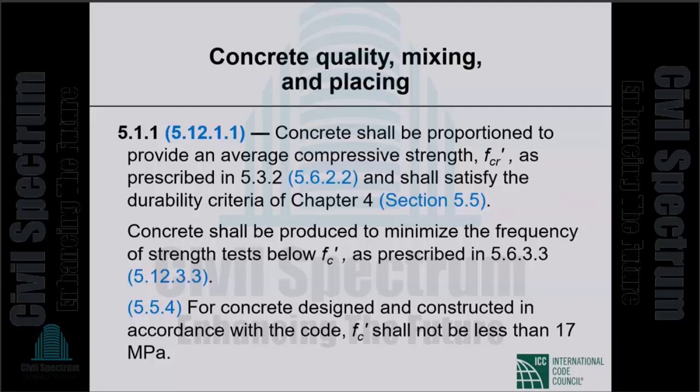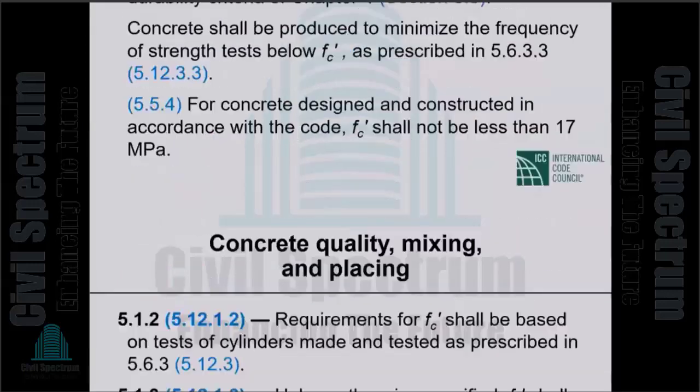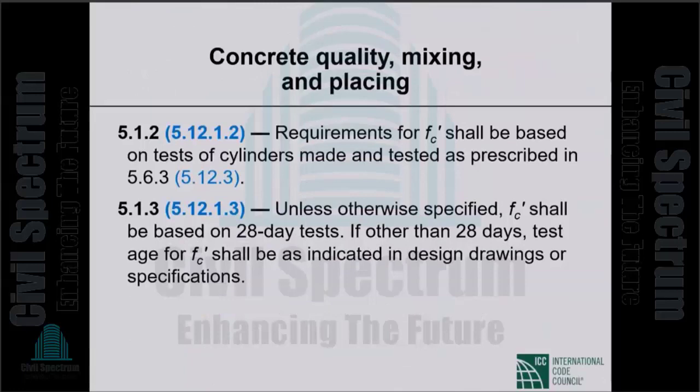And the idea is that concrete shall be produced to minimize the frequency of strength tests below f'c. For concrete designed and constructed in accordance with the code, f'c shall not be less than 17 MPa, which we have seen before. Requirements for f'c shall be based on tests of cylinders made and tested as prescribed.